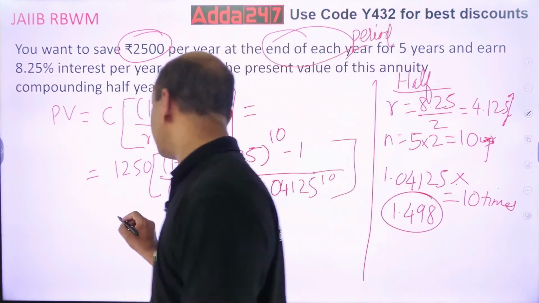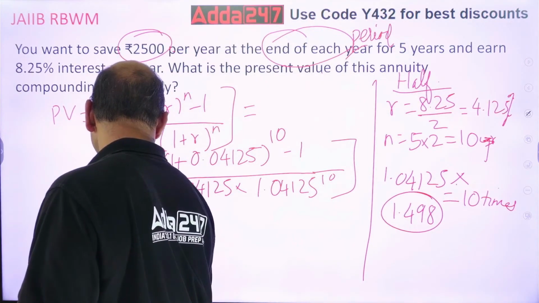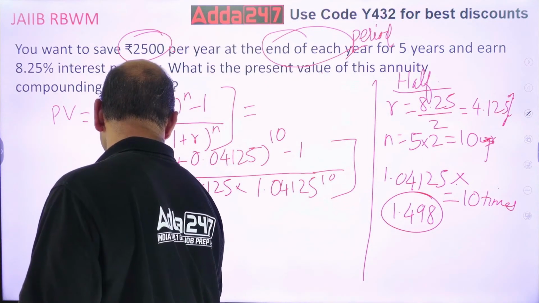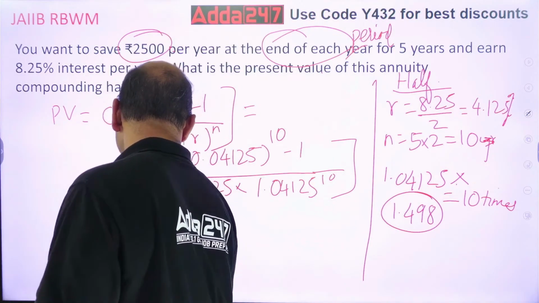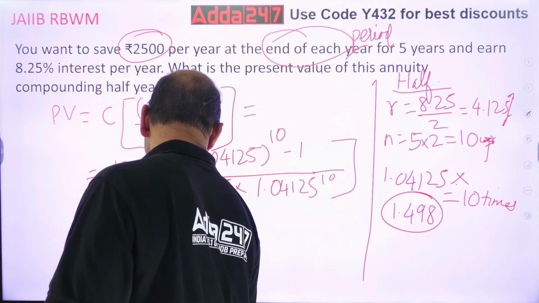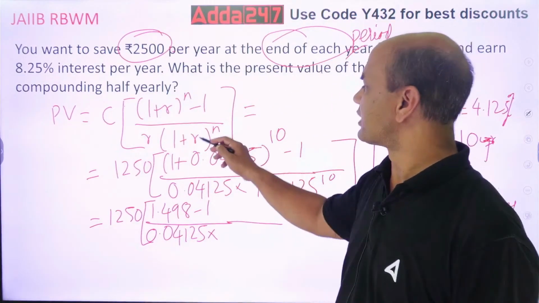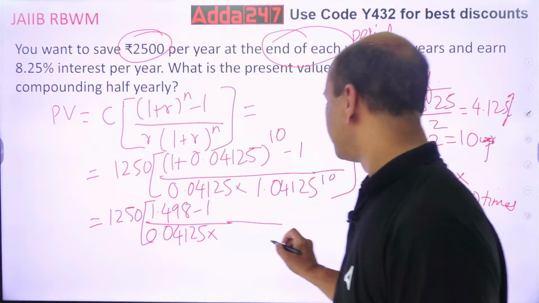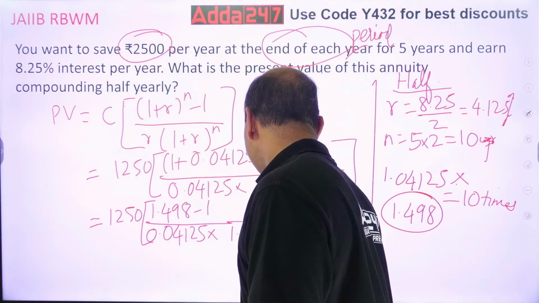See, 1.498. So 1250 into 1.498 minus 1 upon R is 0.04125 into, now this is what? This is the same figure, 1.498. Now this you can do it directly. Try it, everyone.